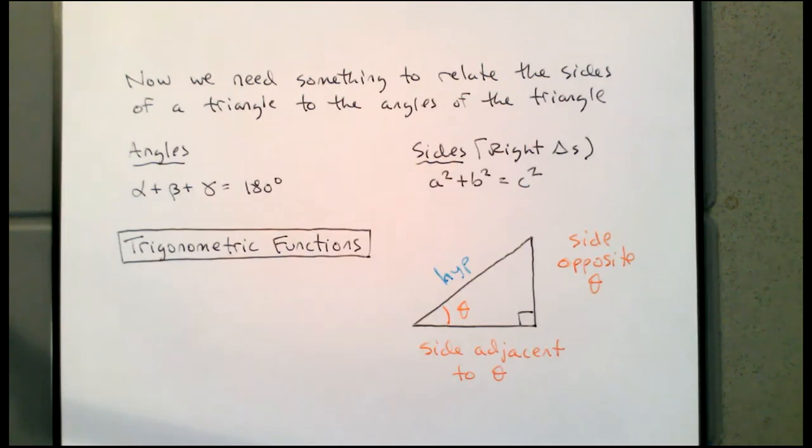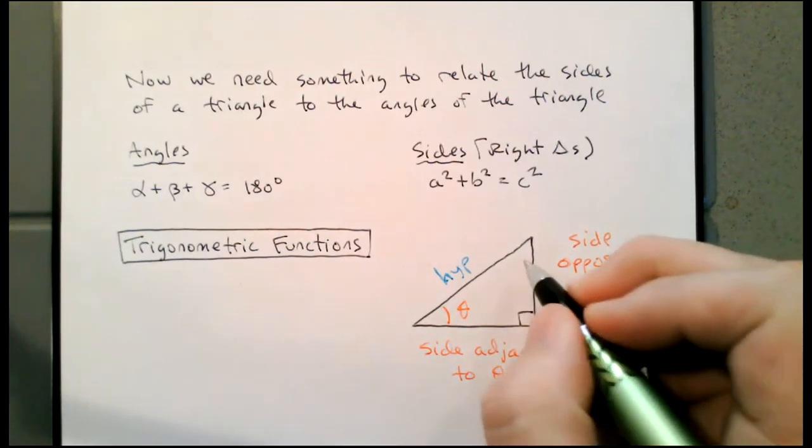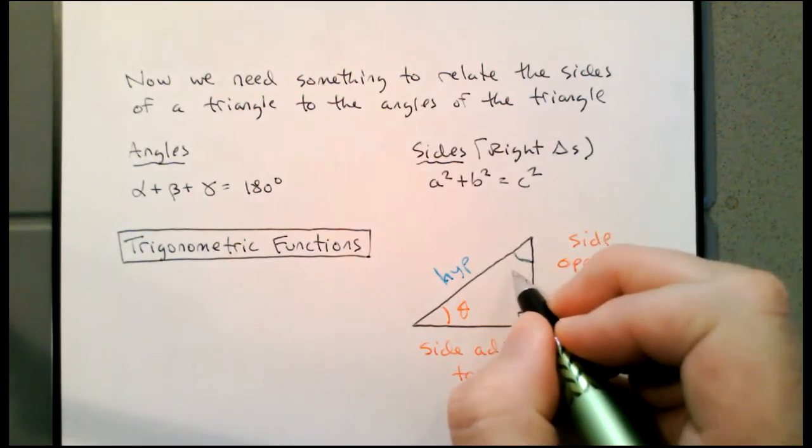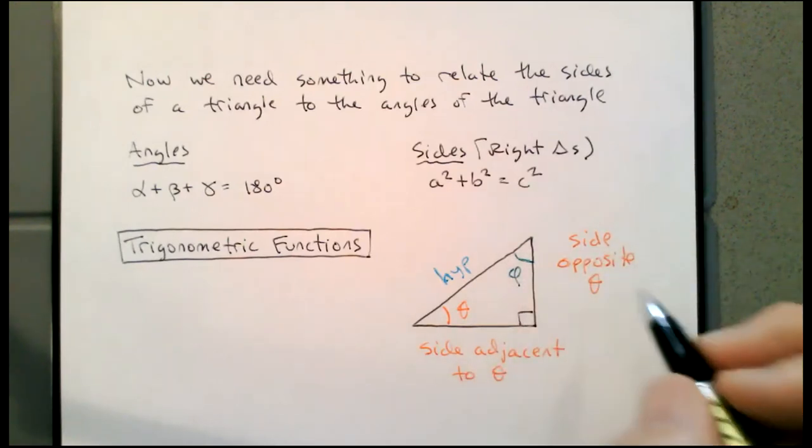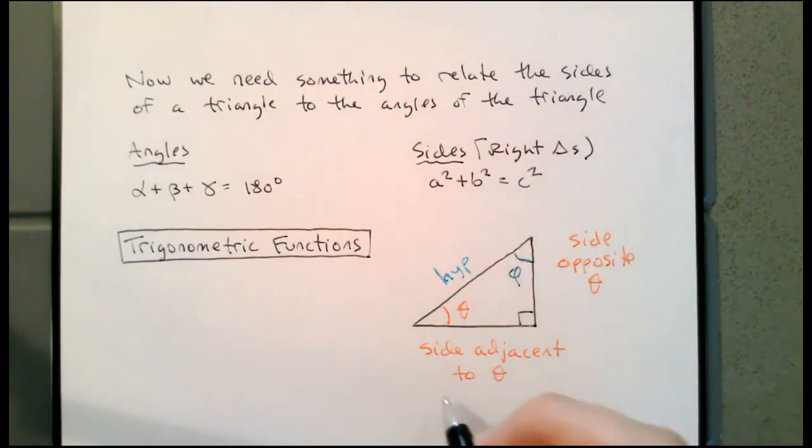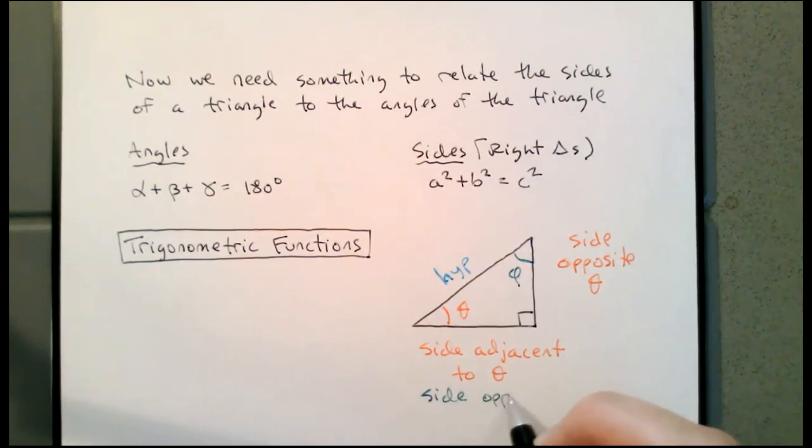If I call the other angle, say, phi, then the side adjacent to theta is the side opposite phi. And the side opposite theta will be the side adjacent to phi.